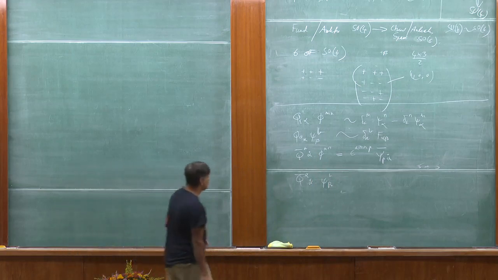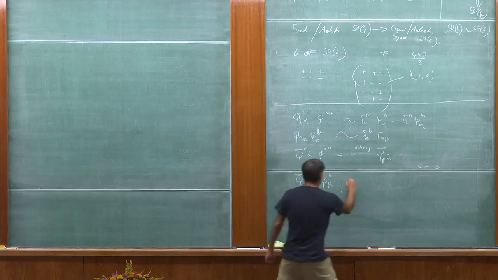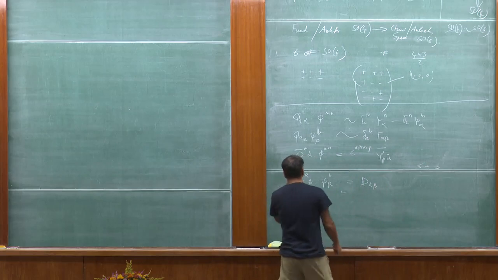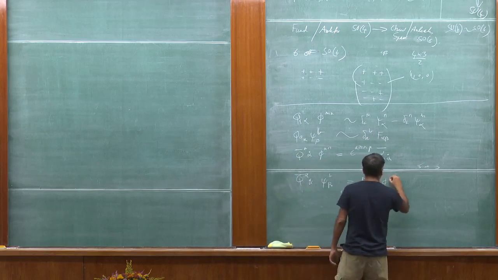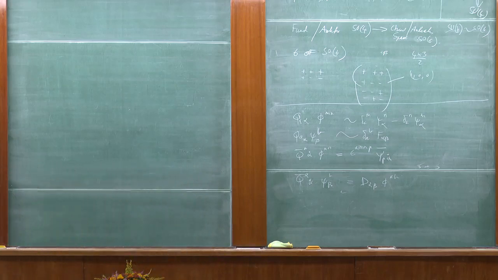So now we will get what Diksha wanted, which will be equal to D alpha dot beta phi AB. Okay.